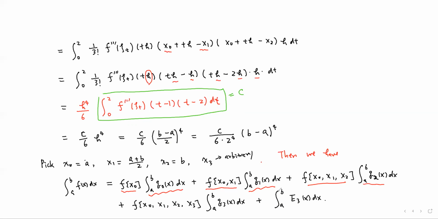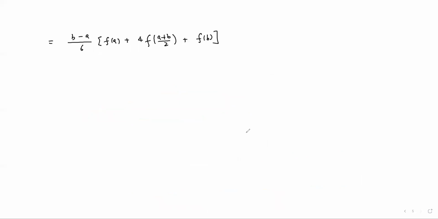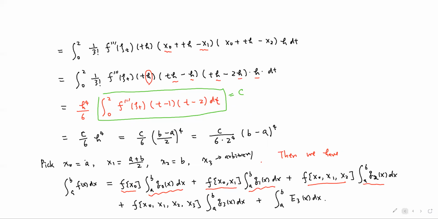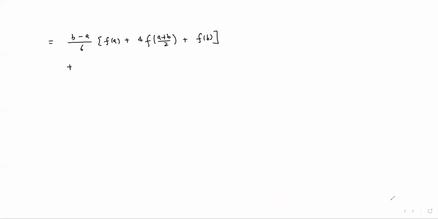Compute the divided differences and the integrals in the first 3 terms, then simplify the result. We get Simpson's rule, then plus the fourth term, f[x0, x1, x2, x3] times the integral from a to b of Q3, plus the integral of E3(x) dx.